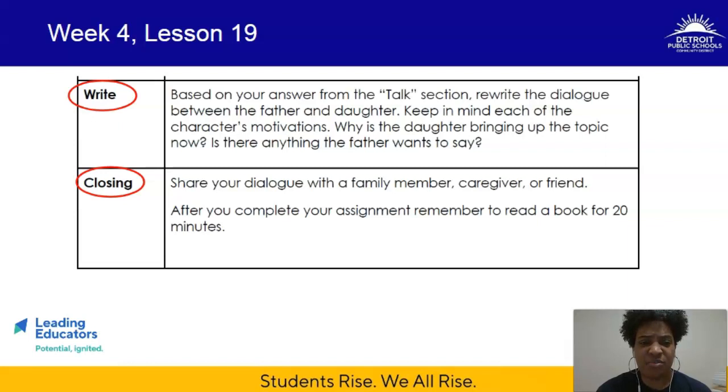Why is the daughter bringing up the topic now? Is there anything that the father wants to say? Thinking in that direction will help you get some ideas, hopefully, and spark your creativity around what the dialogue could have been. And then once you complete that dialogue, you're going to share it with a family member, caregiver, or friend, especially since now they've read the original dialogue.